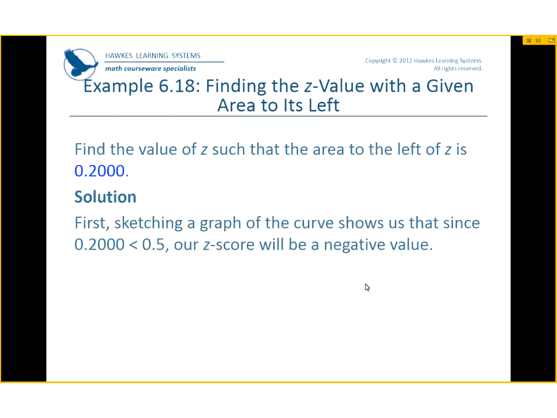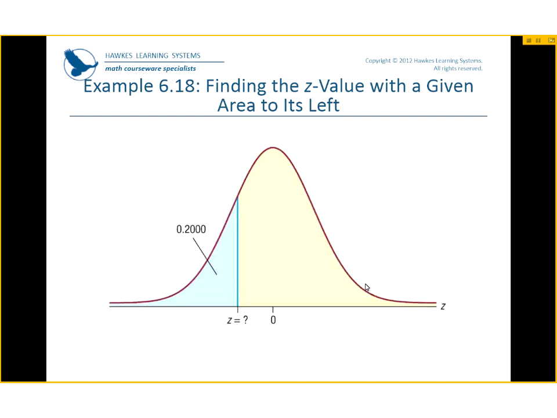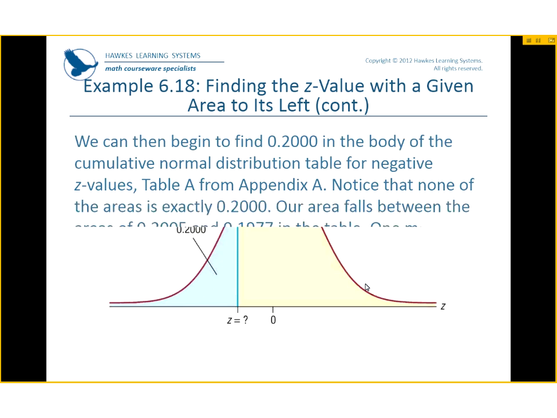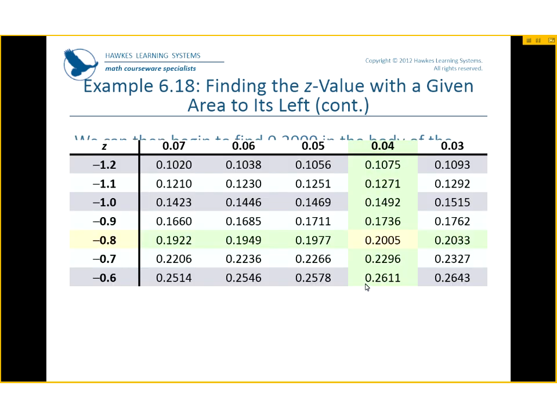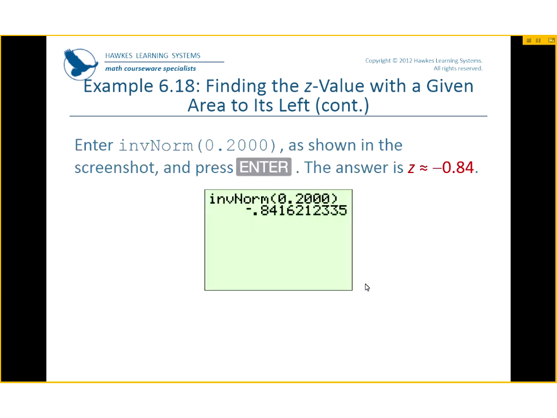Find the value of z such that the area to the left of z is 0.2000. Let's think of it as a graph. 0.2000 is less than 0.5, so our z-score is going to be negative. Again, we could look it up in the table, but let's use that calculator. That's going to make our life so much easier.